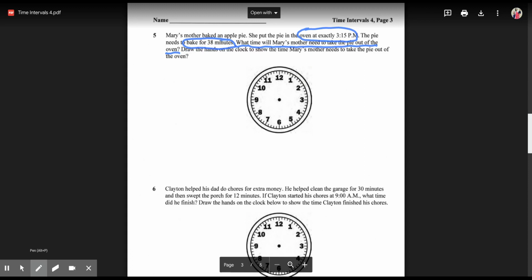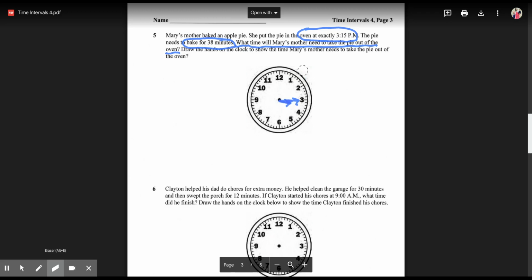So 3:15 means that I'm going to put my hour hand at 3. And then I'm also going to put my minute hand at 3 because we have 5, 10, 15. So that's 3:15. May not be the prettiest, but I promise it's 3:15.